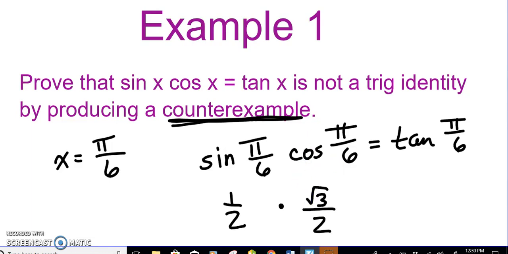And again, you have to know those values, because if not, this is not going to be good for you. All right, so then we look at tangent pi over 6. And remember, tangent is the same thing as sine over cosine, so it's this divided by this. So we should get square root of 3 over 3, right?